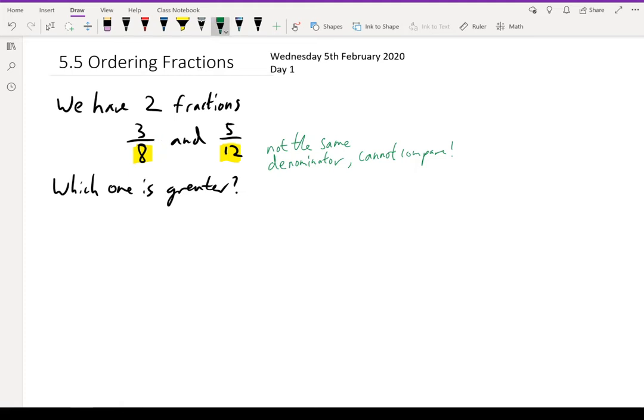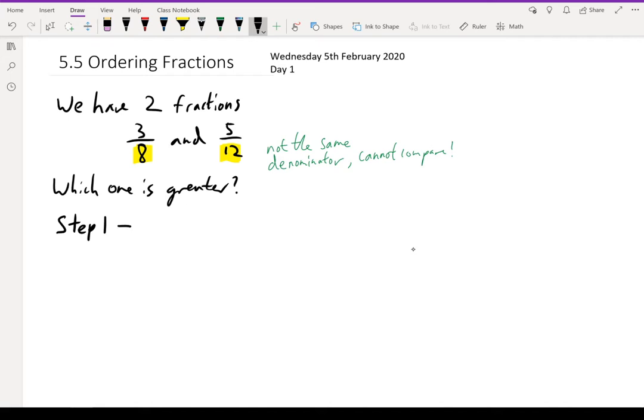In order to find out what the equivalent fractions are, in order to compare, there's 3 steps that we need to do. Step 1. So you might want to write this down. Step 1.